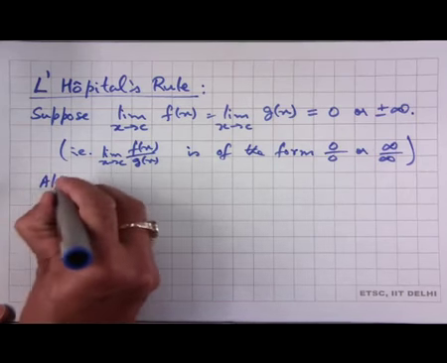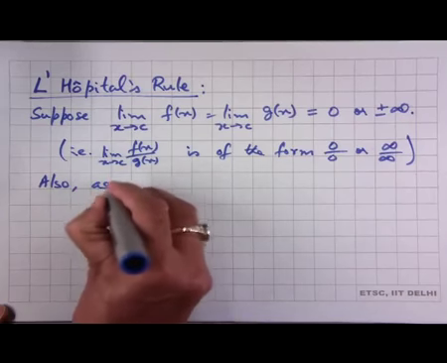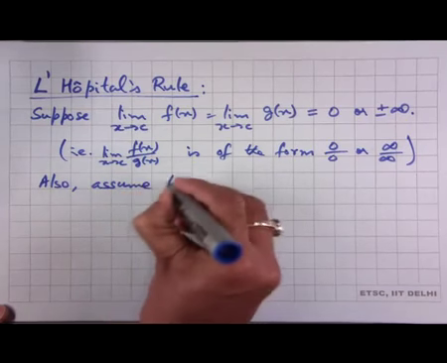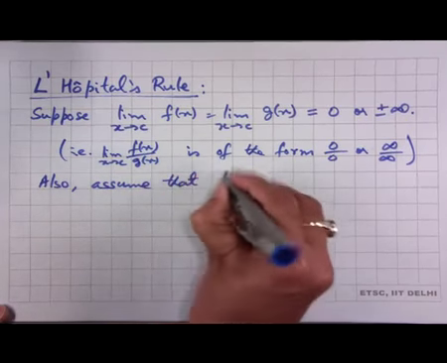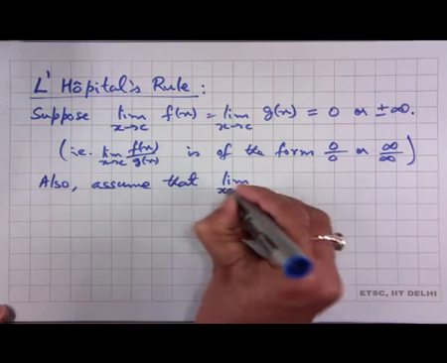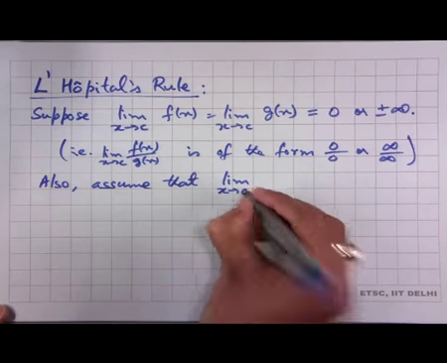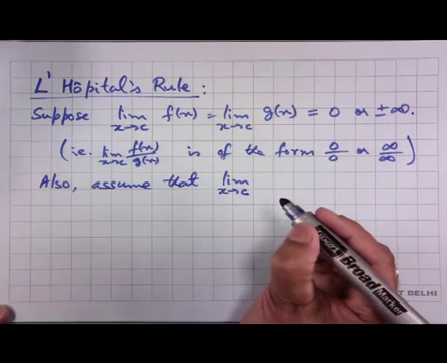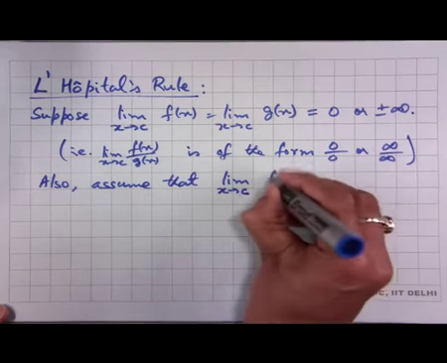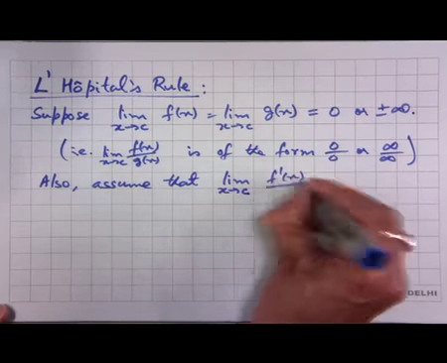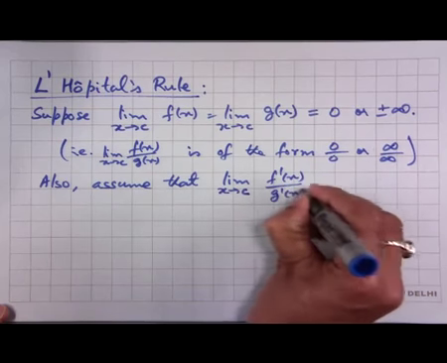and the second assumption is, also assume that limit x going to c of f prime x by g prime x exists.